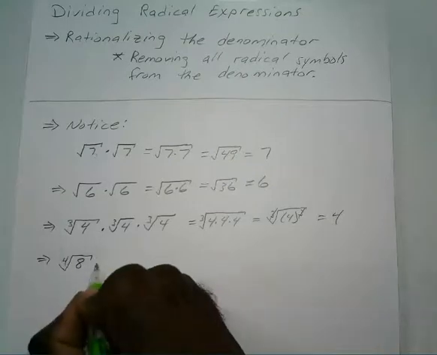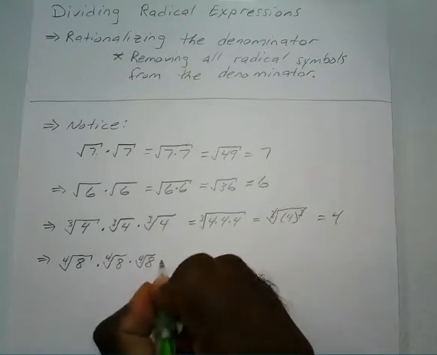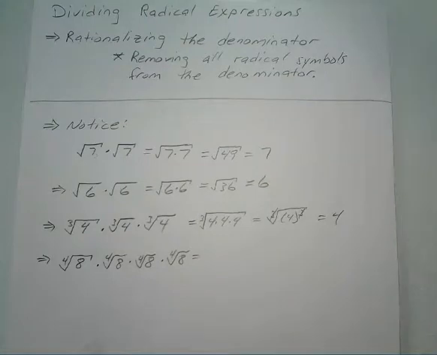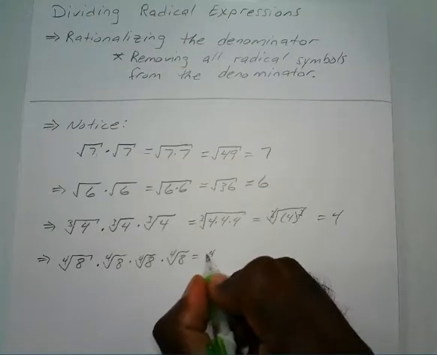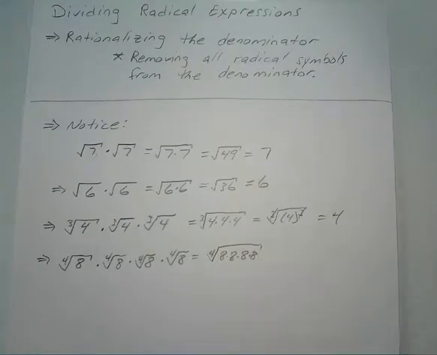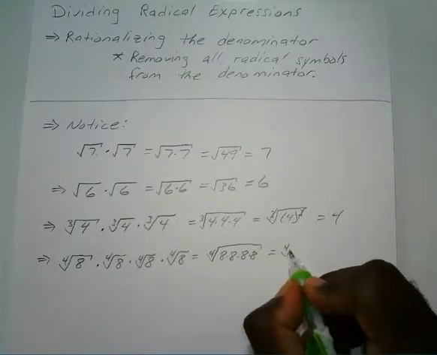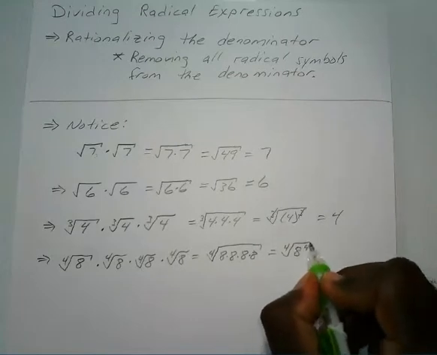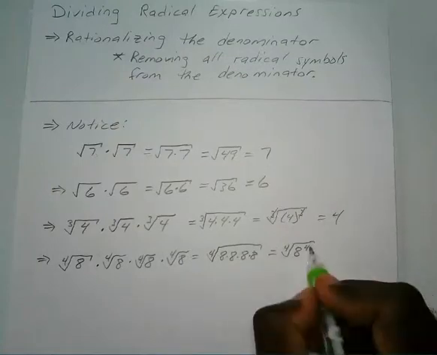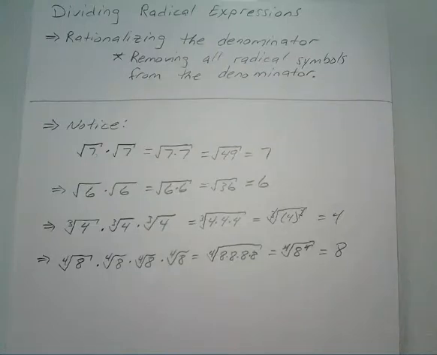Okay, so if we have the fourth root of 8 times the fourth root of 8 times the fourth root of 8 times the fourth root of 8, notice that's just equal to the fourth root, if we put them all under the same symbol, of 8 times 8 times 8 times 8. Okay, which means we could rewrite that as the fourth root of 8 to the fourth power, since that's just 8 times 8 times 8 times 8. And here, our exponent and index cancel each other out, so we're just equal to 8.